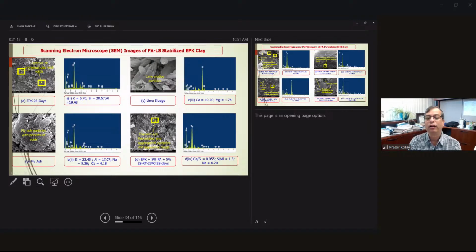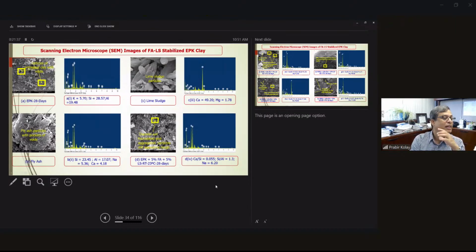There is lime sludge, which looks like this. When you added the mixture, like this one, you see the EPK with 5% fly ash and 5% lime sludge. There is more agglomeration taking place, and then there are fewer voids inside the stabilized soil. That's why the strength is increased.